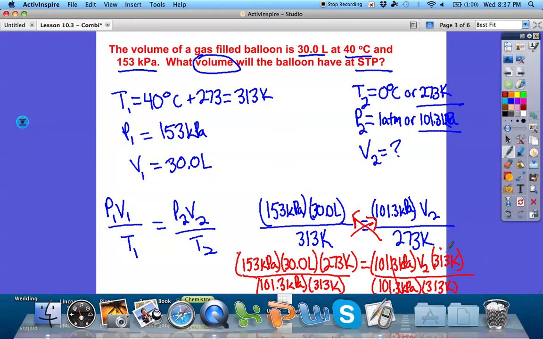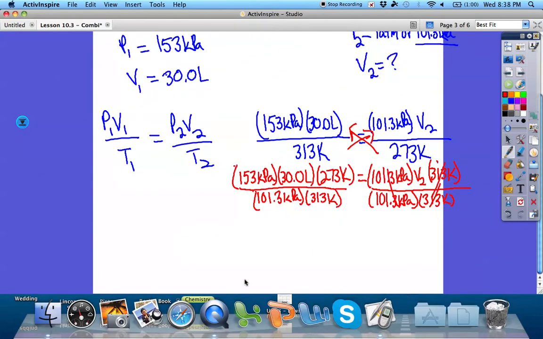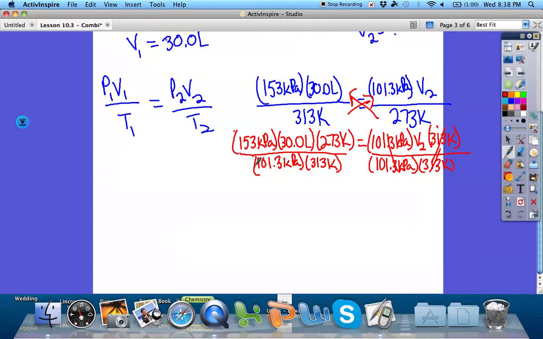These are going to cancel out over here. So V2 is going to be 153 times 30 times 273 divided by, in parentheses, 101.3 times 313. And V2 should be 39.5 liters.